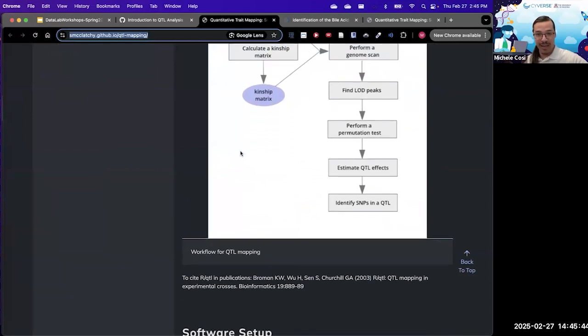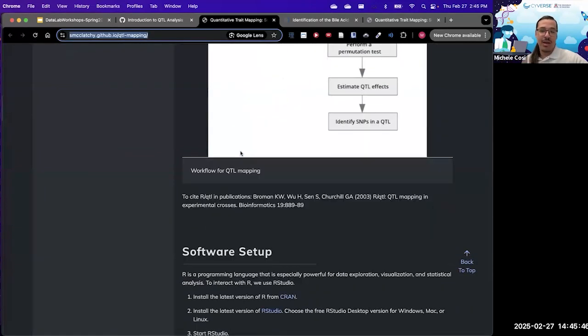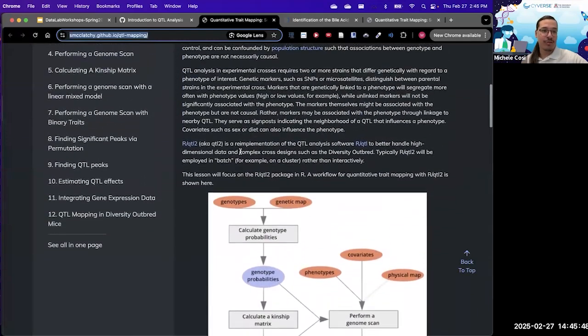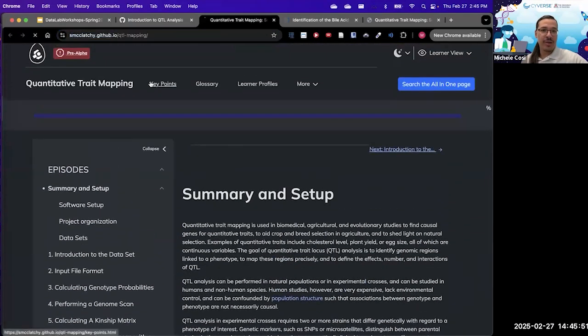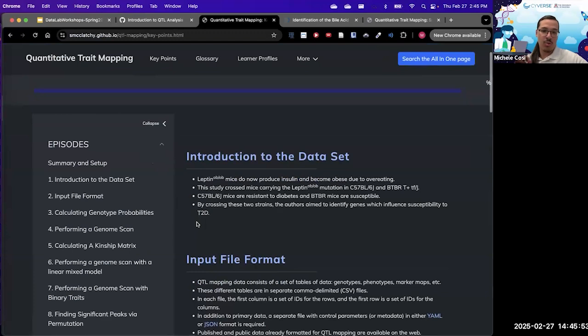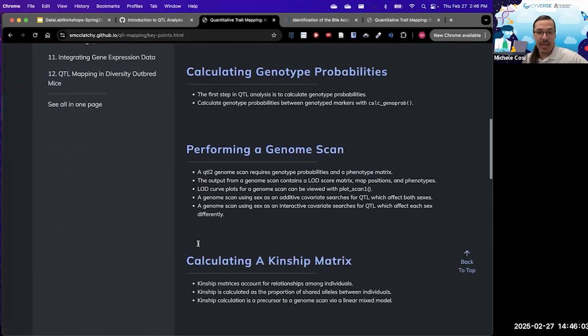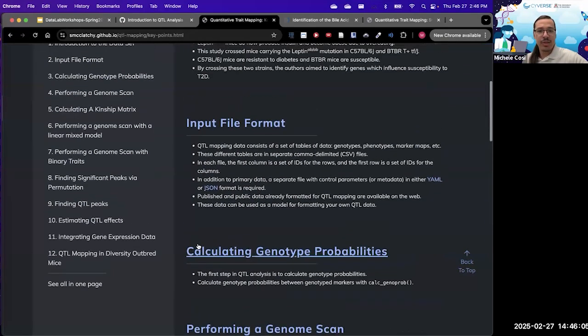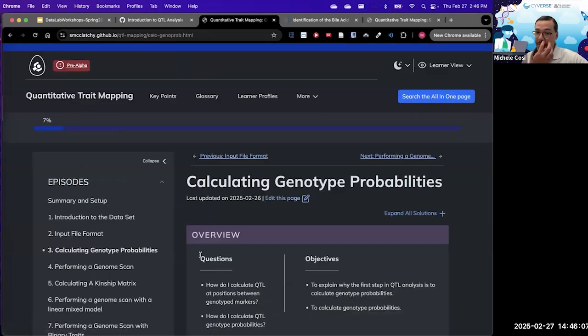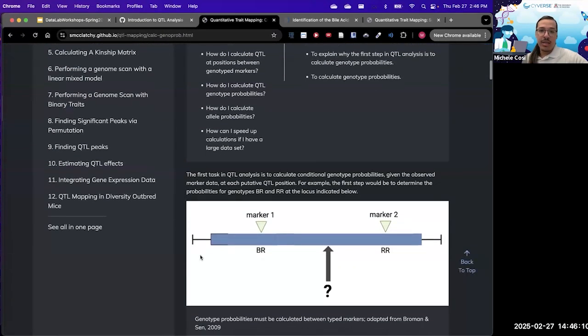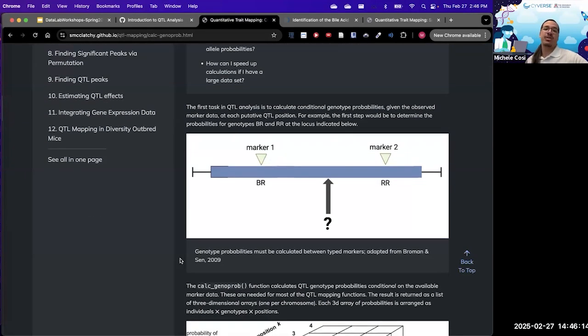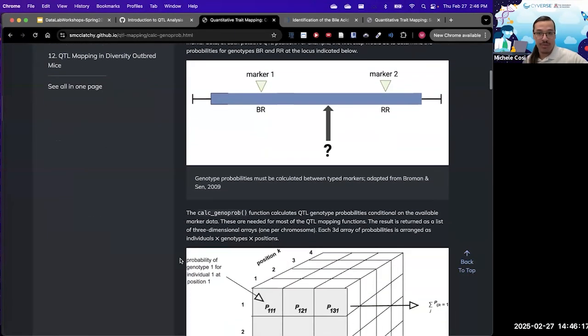It goes into a lot more details here. As I told you, I've taken this from the lecture itself, so there is no shame for me, but it does really well at pointing out what you need to do and making you understand what this specific step does. Let's look a little bit, for example, at calculating genotype probabilities. Through images, it very well establishes what you're looking for.